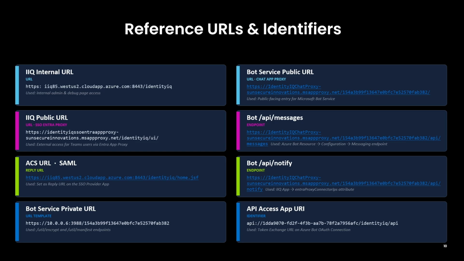It creates an IIQ public-facing URL which you can actually use. Now there's a session consumer URL which lets you single sign on. Then you have your bot service private URL, which is the IP where I have the bot service running, and the port, the public port for the bot service. There's also a bot service public URL. Then you have different endpoints where the bot gets a message, bots get notified, and then you have your API access URL, which is used to request and get a token.